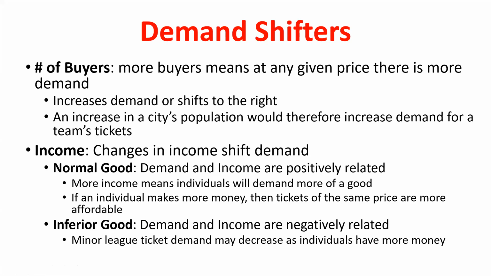So this could actually be a potential question if we could get our hands on some data of the quantity of tickets sold, what the prices were, and then average incomes in the area for different minor league teams to see whether or not this in fact is a normal or inferior good. But it is an example where you can imagine it potentially could be inferior. Maybe not specific to minor leagues in baseball, but maybe minor leagues in some of these other sports could be inferior goods. Any questions on any of that before we keep going?